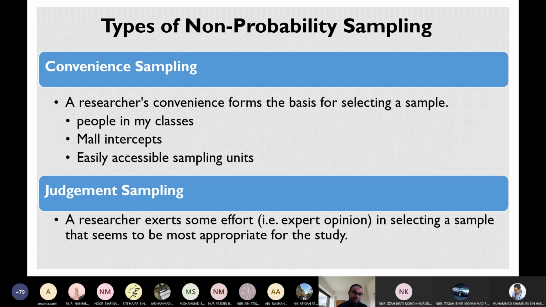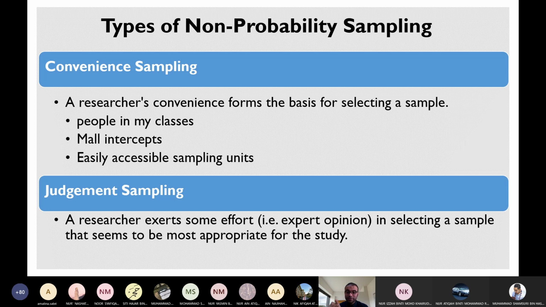Let's go through some examples. One of the most widely used non-probability sampling methods, especially in a small project like your project, is convenience sampling. The convenience of access to certain participants plays a role in selecting the sample and sampling frame.